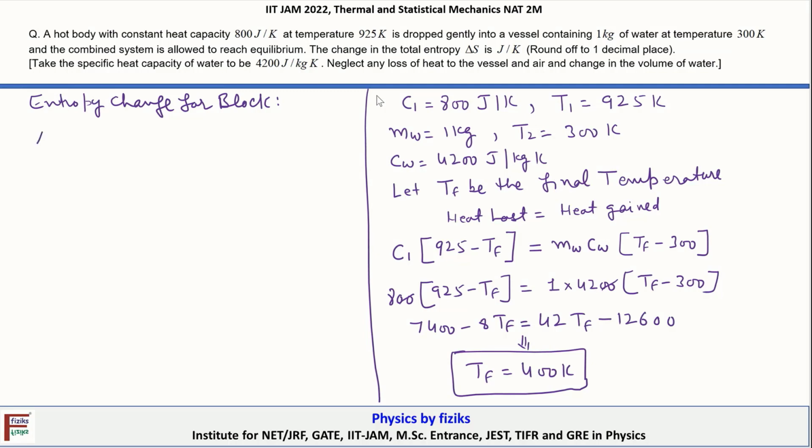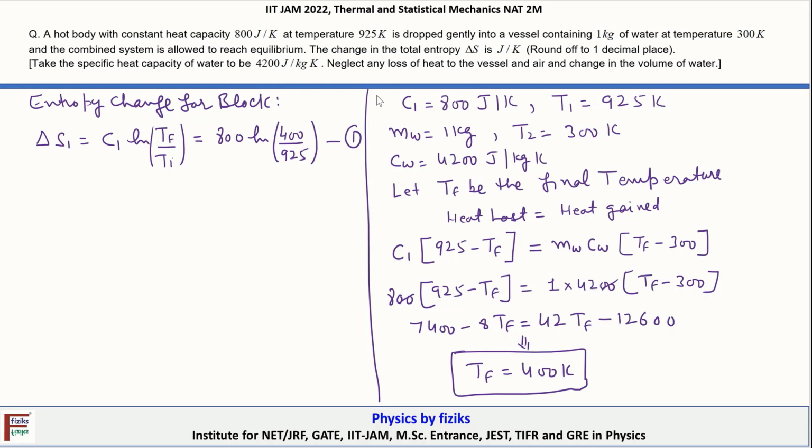The corresponding entropy change, delta S1 for the block, is equal to C1 ln of the final temperature divided by the initial temperature. This is equal to 800 ln of 400 Kelvin divided by 925 Kelvin. Let's call this our result 1.